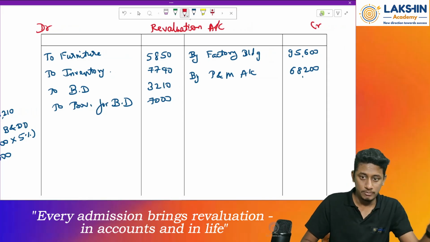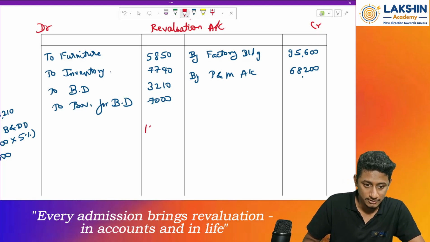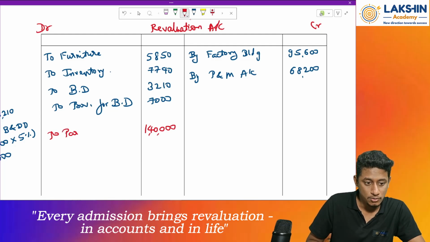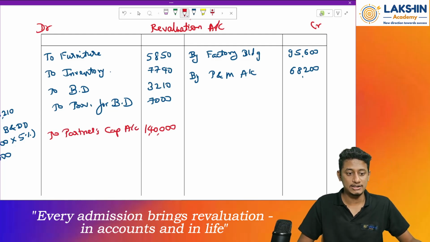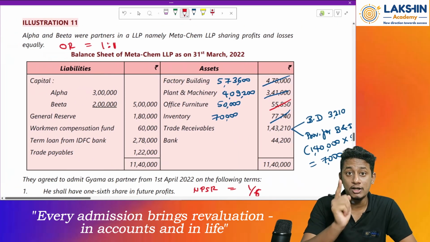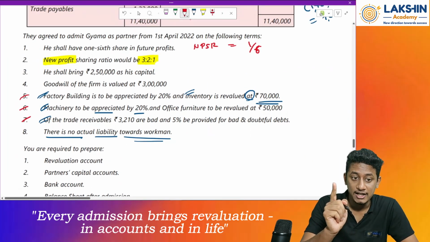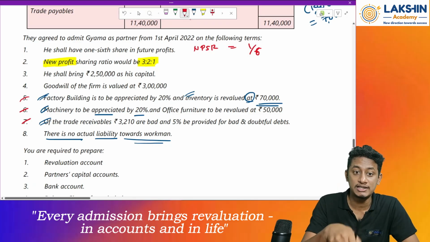To or by, let's see. So 95,600 plus 68,200 minus 5,850 minus 7,740 minus 3,210 minus 7,000 equals to 1,40,000. 1,40,000 to what? To partners capital account, right? So what are the partner names? To be shared between whom? To be shared between old partners only. Remember, in this question they have nowhere mentioned that the balances after the admission should remain the same as before the adjustments.